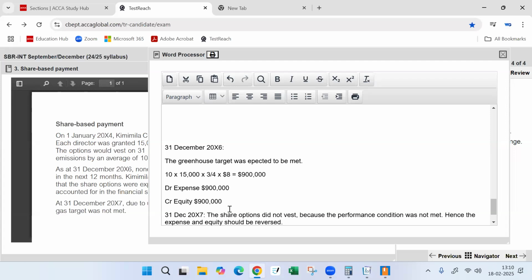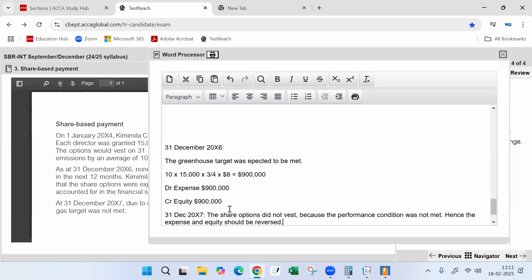As per IFRS 2, the expense should be recognized in respect of the share-based payment over the 4-year vesting period, depending upon the number of options to be vested. This is an equity settled scheme and the expense is measured at the fair value at the grant date. And what is the fair value? $8 per option.